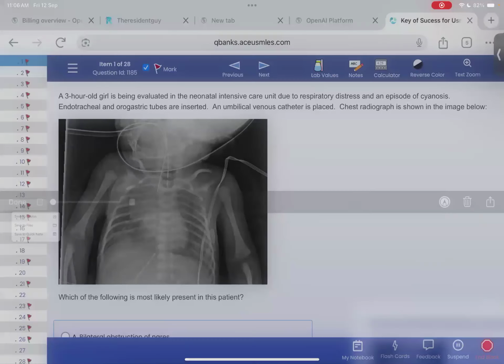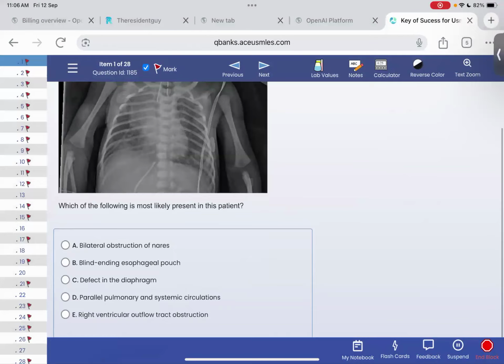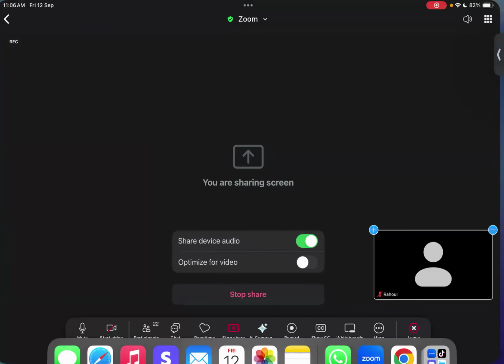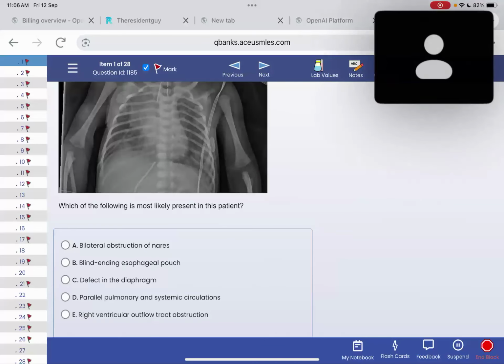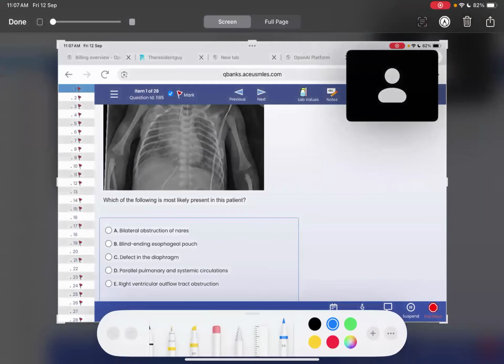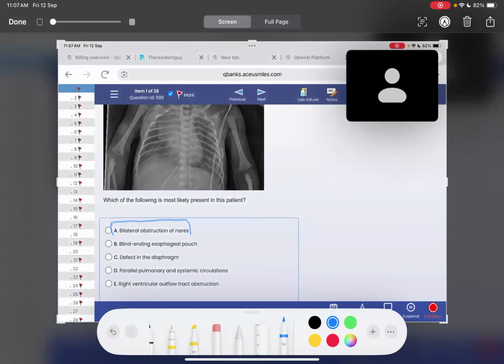Let's discuss the option, bilateral nasal obstruction. In this option, whenever you put a tube, the nasogastric tube, in the nose, it will block in the nose, so it will not go down.